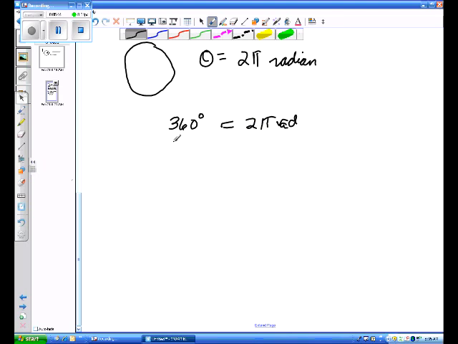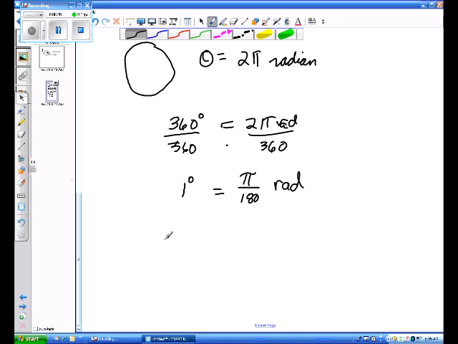Well, if we want to see a comparison, let's divide both sides by 360 degrees and find out what 1 degree is equal to. So we get that 1 degree is equal to, well, our 2 and 360 would reduce, pi over 180 radians. So 1 degree is equal to pi over 180 radians.